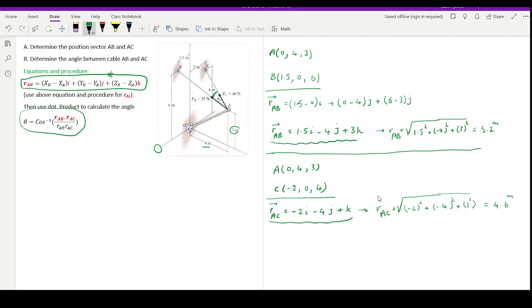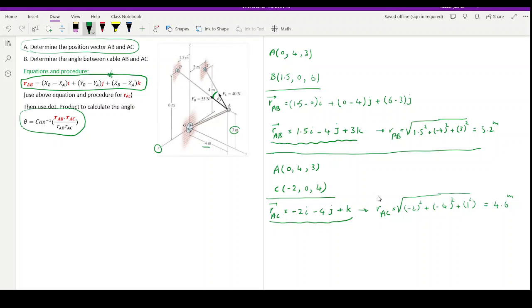Don't forget, in some problems, they may not ask you to first find vector AB and AC. They may ask you directly to find the angle between the two vectors. So the procedure is the same. First you have to find the vectors, and then using dot product you can find the angle.